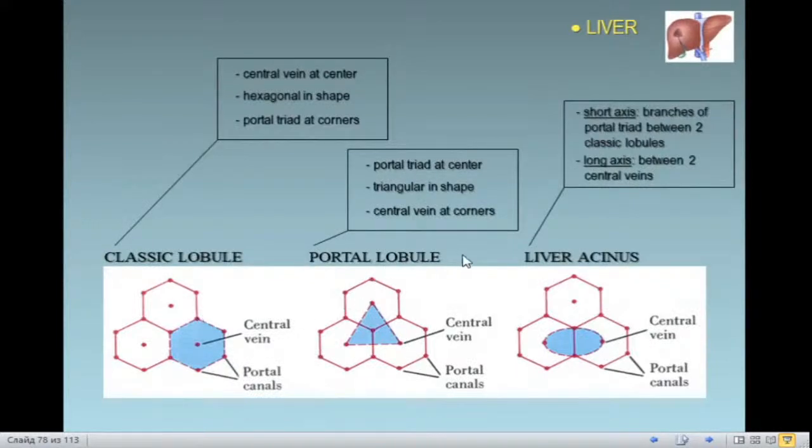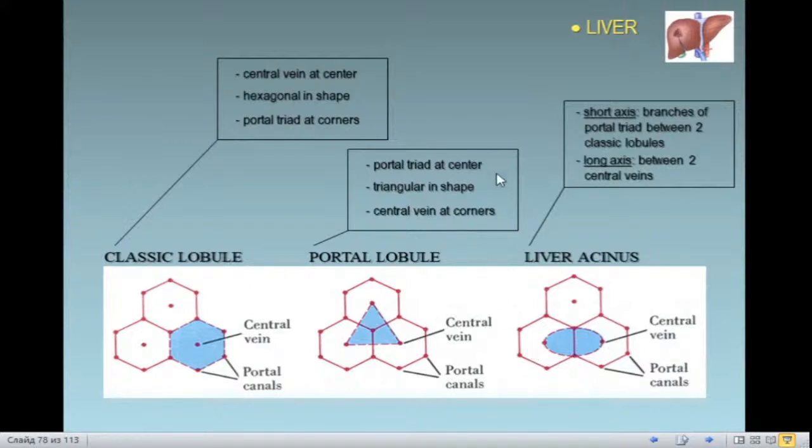The next, portal lobule. If we connect the central veins, we have a triangular part of liver parenchyma with the triads in the center and central veins in the angles. And the liver acinus is in between the central veins with the triads in the dull angles.